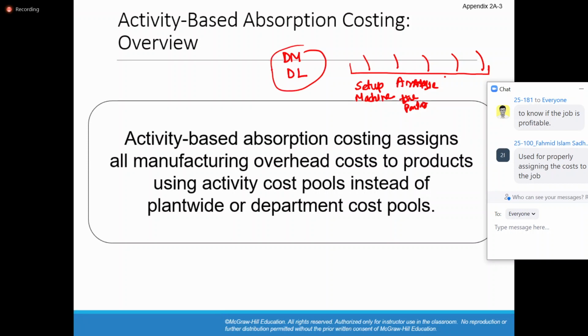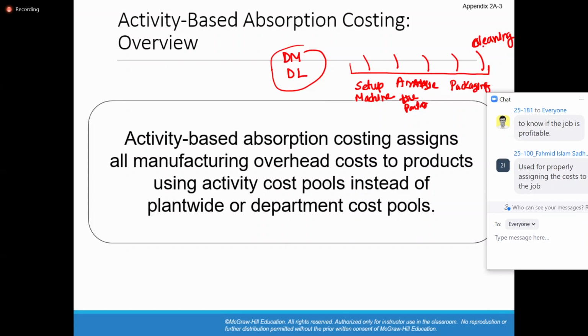And again, it might be that you need some packaging, and for textile manufacturing companies, you will see that you need to use cleaning, and that is also not part of, you cannot apply the cleaning cost directly to the direct material.